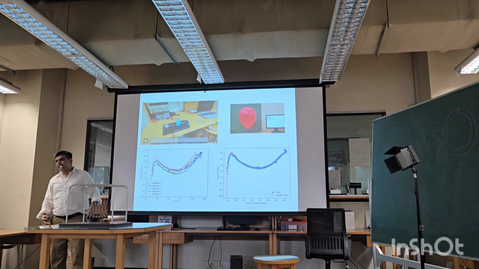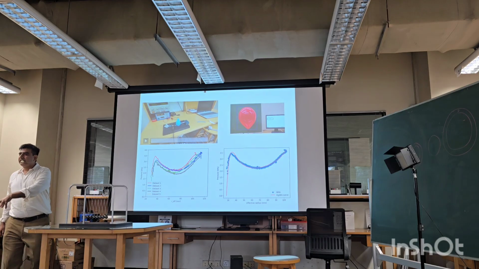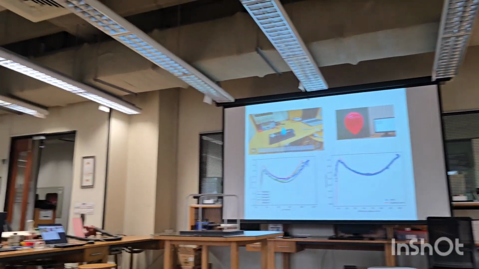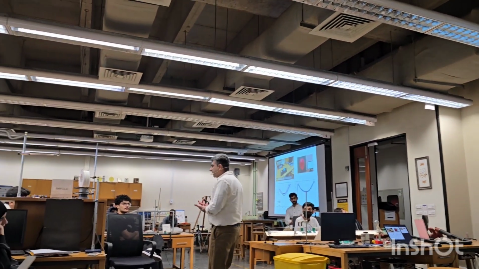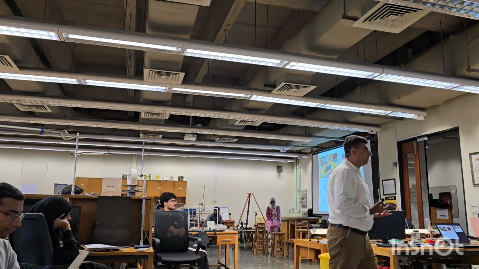In fact, the nature of this curve tells great deals about the elasticity of the material that makes up the balloon. You can cool the balloon, put it into liquid nitrogen or ice, and redo an experiment and see how the polymers inside the balloon change. Do they extend further? Do they extend less? So all kinds of experiments can now be done.